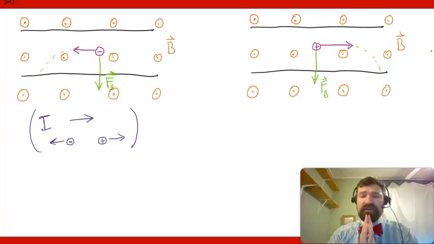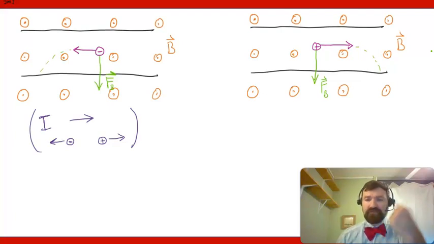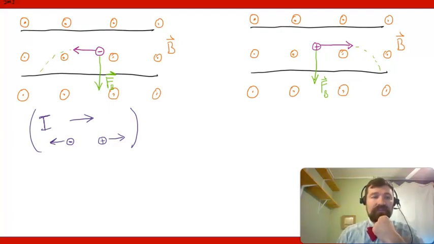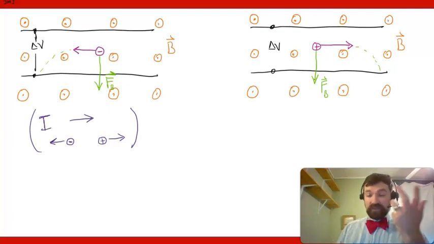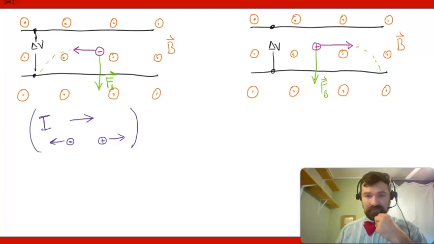And that means that if I apply a voltage probe between top and bottom, I should get a voltage. So again, if I were to measure voltage between this part of the wire and that part of the wire, delta V, and if I wanted to measure a voltage between the top and the bottom of the wire, delta V, and let's say that I put the leads oriented in the same way for both of these.